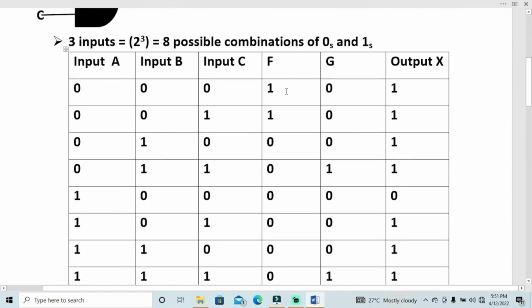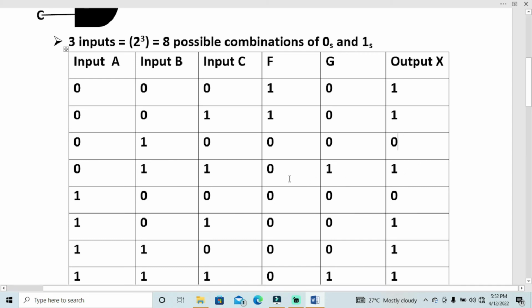In this situation, since we are taking F and G through the OR gate, F is true, so it becomes true. In this situation F is also true, so it gives an output true, since we only get the output as true when either one of them is true. Here neither of them is true, so we just have output as not true.